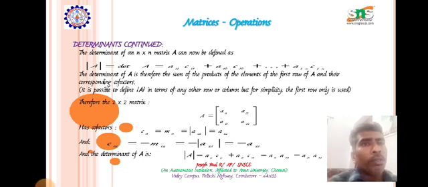The determinant of an n by n matrix A can be defined by calculating its minors along the first row. So the determinant of A is the sum of the products of the elements of the first row of A and their corresponding cofactors.